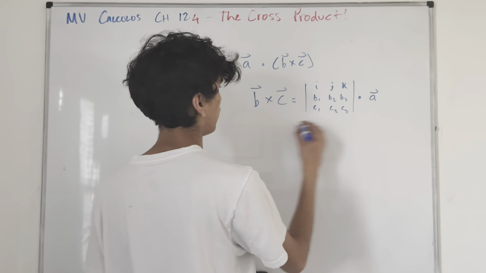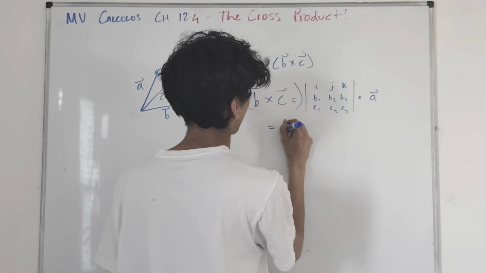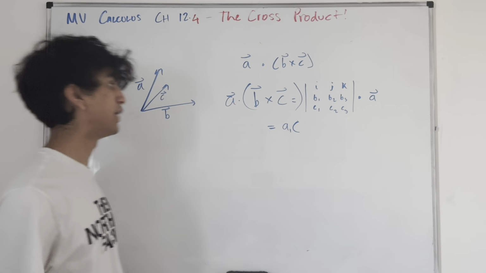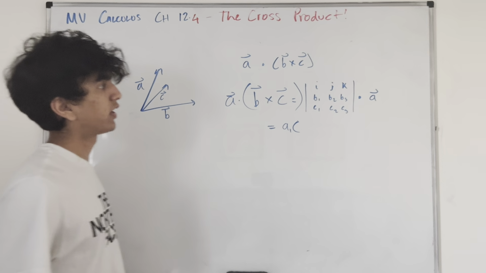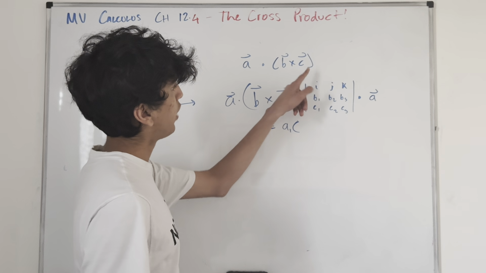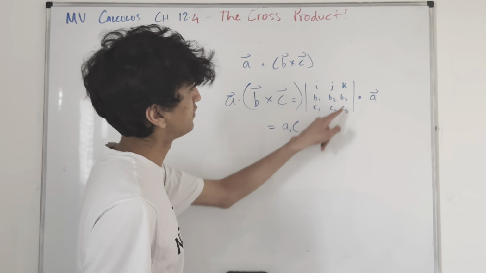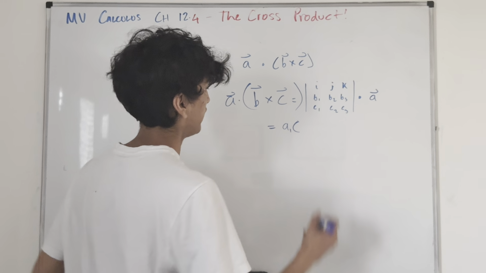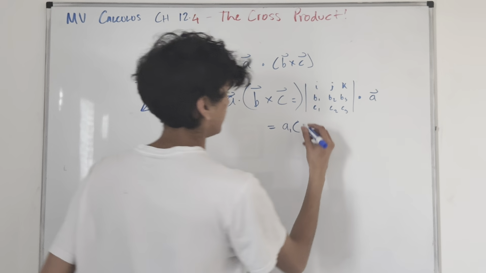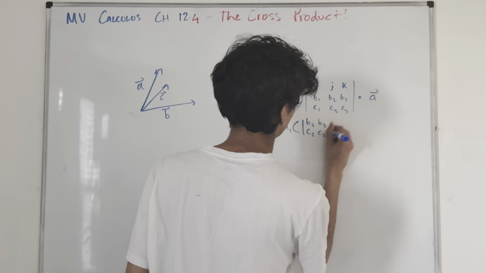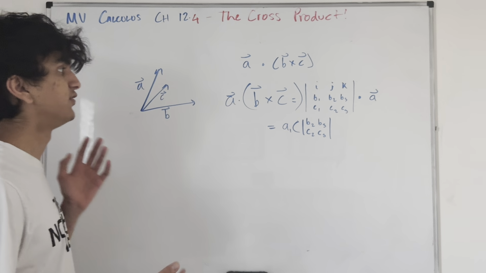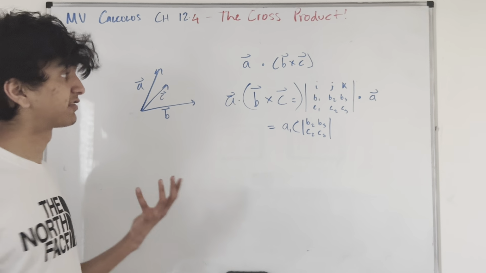I'm taking the A1 component, so I guess this is really bad notation, but I'm taking my A1 component and multiplying it by, well, when I take this vector, the x component is going to equal this determinant right here, right? That is the x component, right?